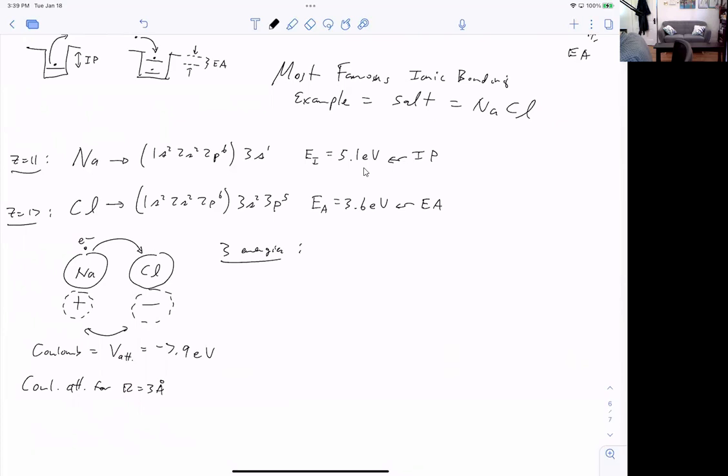And so that means the total energy, the change in energy, delta.